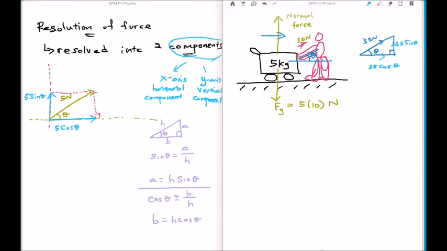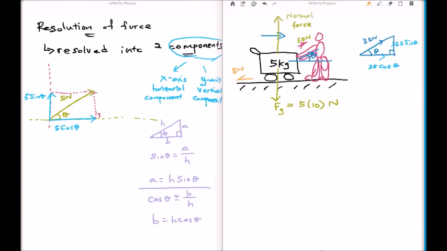Now, the same problem, but what happened is the floor is no longer smooth. There is a certain amount of friction, and the frictional force, or dynamic friction, is actually 8 Newton to the left.